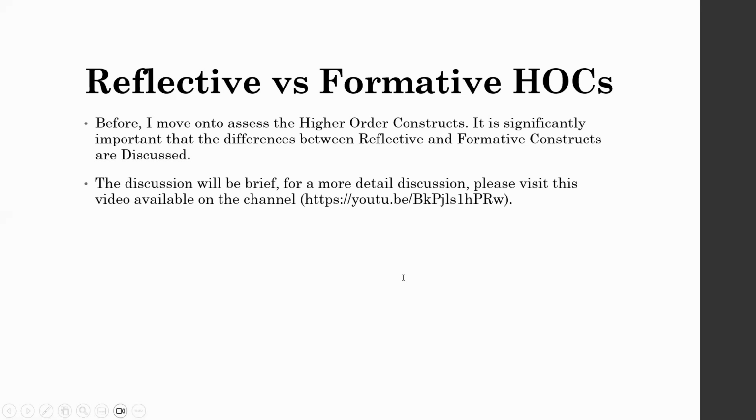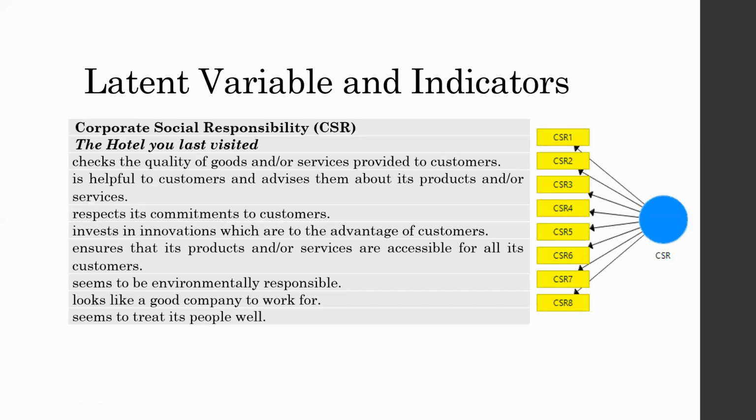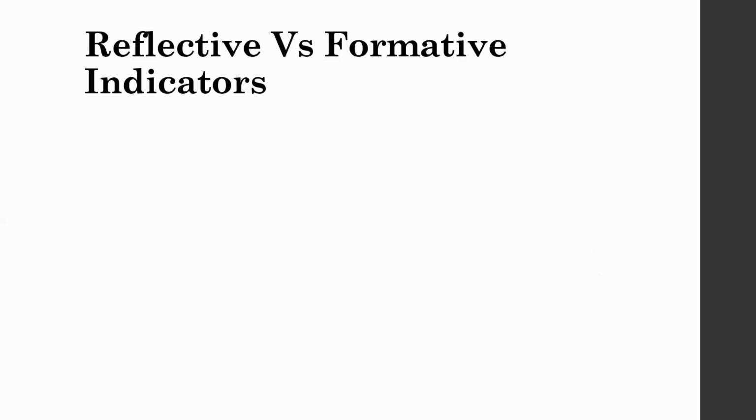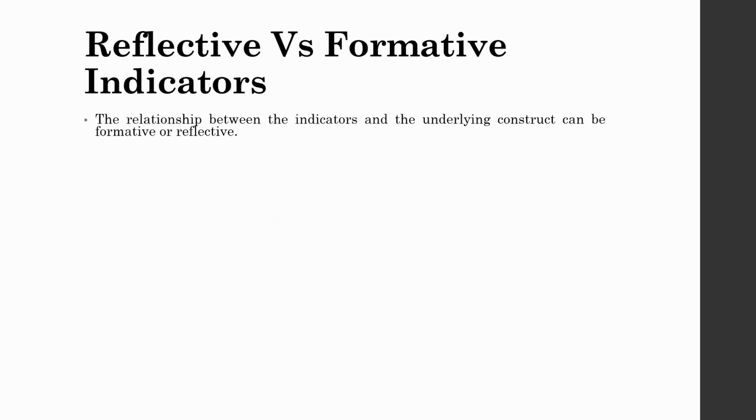Now, formative versus reflective constructs. Look at this one here. The arrows are pointing towards the items. Now, this is a reflective construct. All right, this is a reflective construct. The relationship between the indicators and the underlying construct can be formative or reflective.